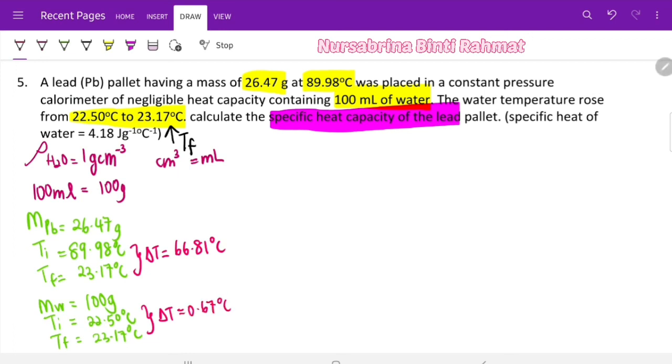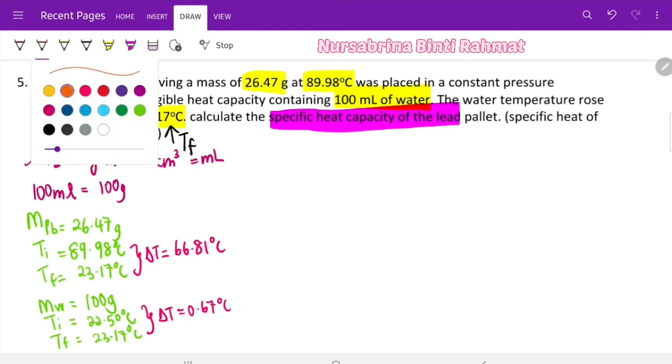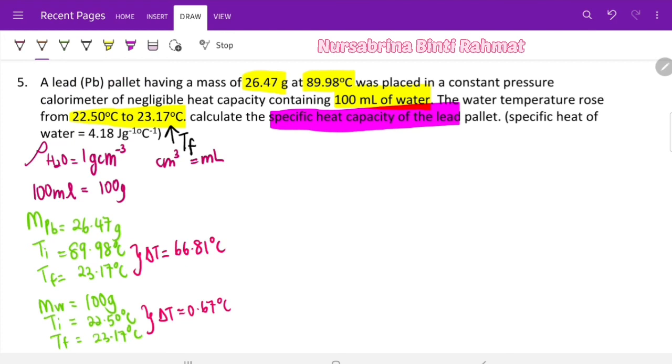For my water, again higher temperature minus initial temperature, so we get 0.67 degrees Celsius. Again, to remind you, for this final question, to determine which one undergoes heat release and which one undergoes heat absorption, you have to refer to the temperature. Your lead pellet has an initial temperature higher than the final temperature, which means Q release.